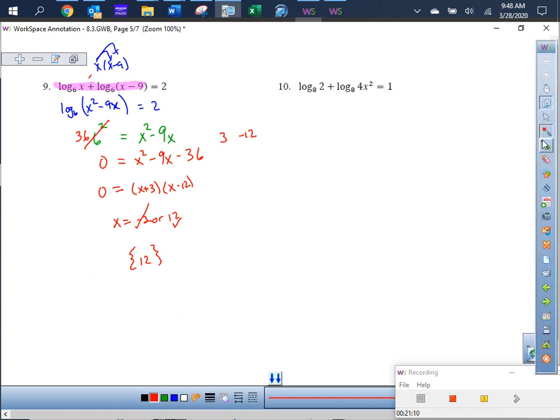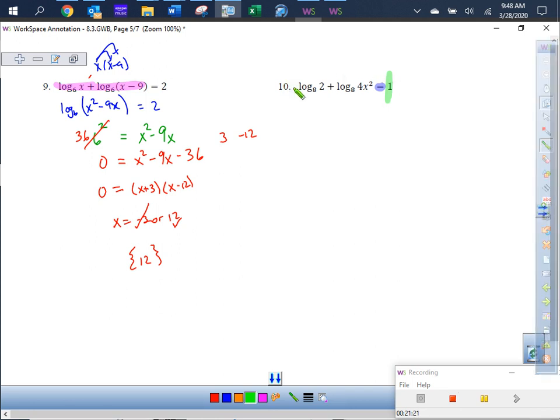Let's do it again, talking ourselves through it. Are there logs involved in this equation? Yes. Does every term have a log with it? Nope. This term right here does not have a log with it. So let's get it to log equals number. We have to condense this guy. Because they are adding these logs together, we will multiply those arguments.